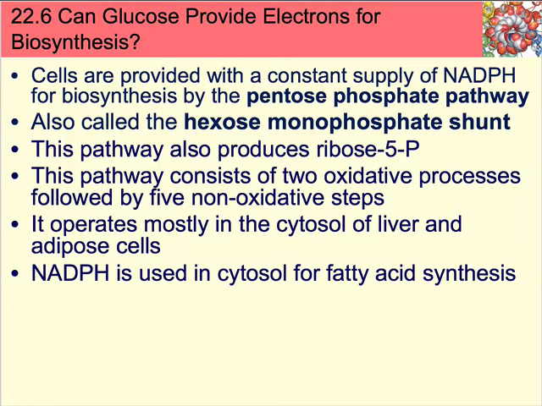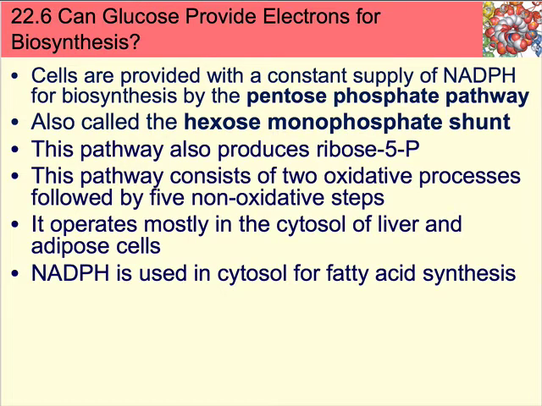The last topic in this chapter involves the production of electrons for biosynthesis from glucose, and this is something referred to as the pentose phosphate pathway. Cells are provided with a constant supply of NADPH for biosynthesis by the pentose phosphate pathway. This is also called the hexose monophosphate shunt, and you may see it described in either way.